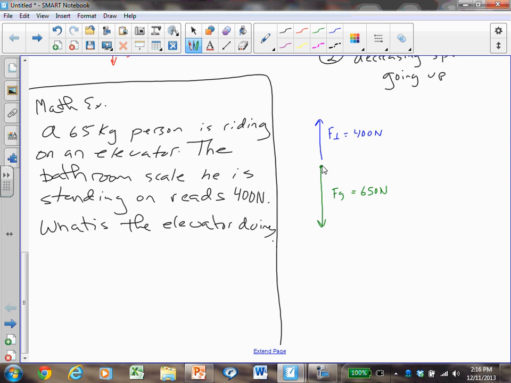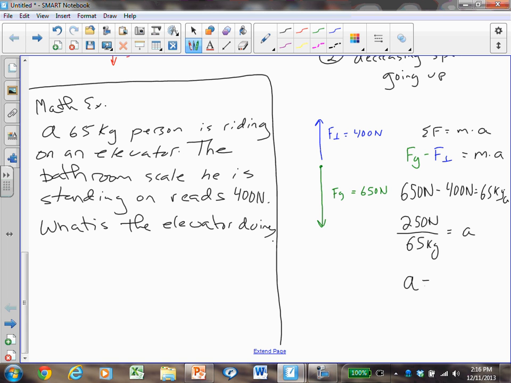And what you would do is the sum of the forces equals mass times acceleration. But the winner is Fg, and the loser is F perpendicular, equals mass times acceleration. And Fg is 650 newtons, and F perpendicular is 400 newtons, and the mass is 65 kilograms times a. So 250 newtons over 65 kilograms equals a.